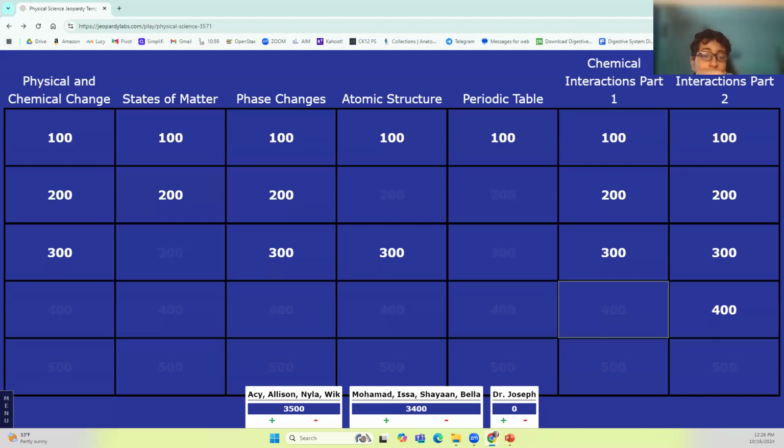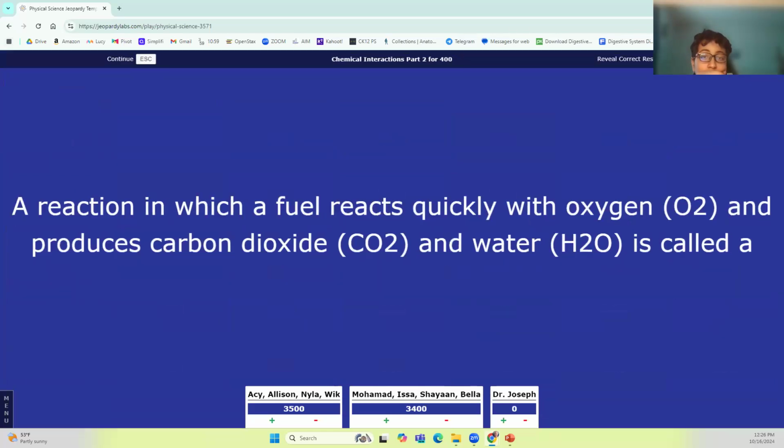Chemical interactions, part 2, 400. A reaction in which a fuel reacts quickly with oxygen and produces carbon dioxide and water is called a combustion reaction. Very good.